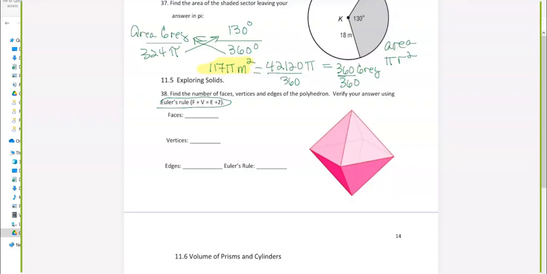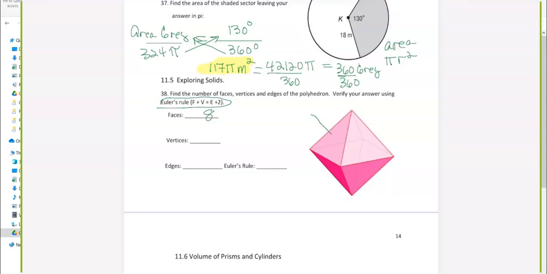So this is a tetrahedron, which means it has 4 faces on top and 4 faces on bottom. So the whole thing is an octahedron. So I see that I have 4 faces on top in the light pink and 4 in the dark pink. So that gives me a total of 8 faces.